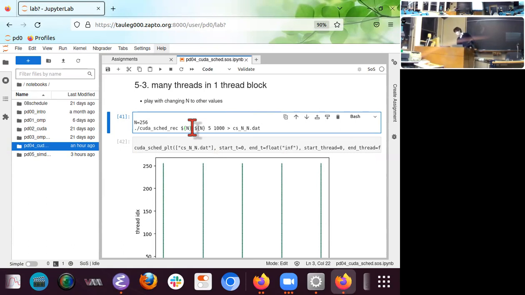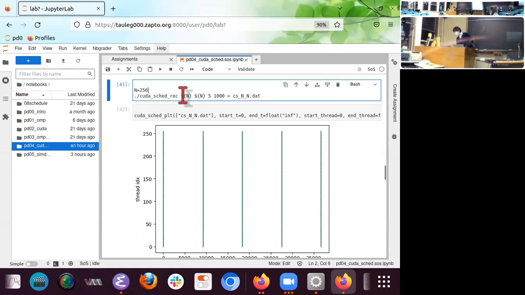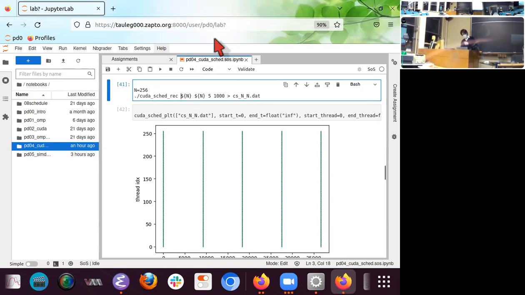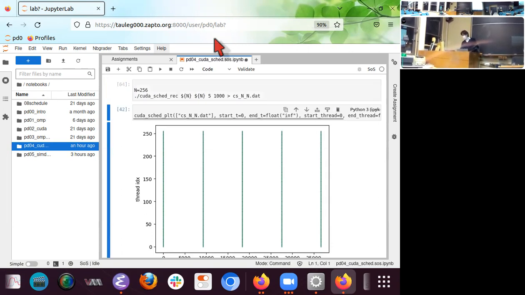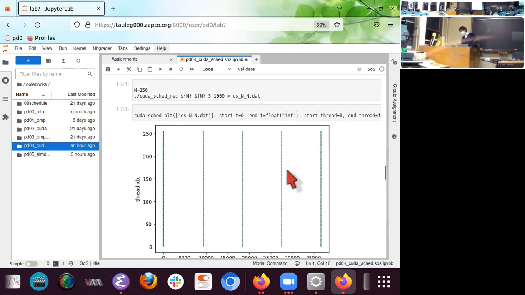But this time we change the total number of threads and the thread block size at the same time, so both are kept the same. In this case, you have 256 threads in total, and a single thread block has that many threads.